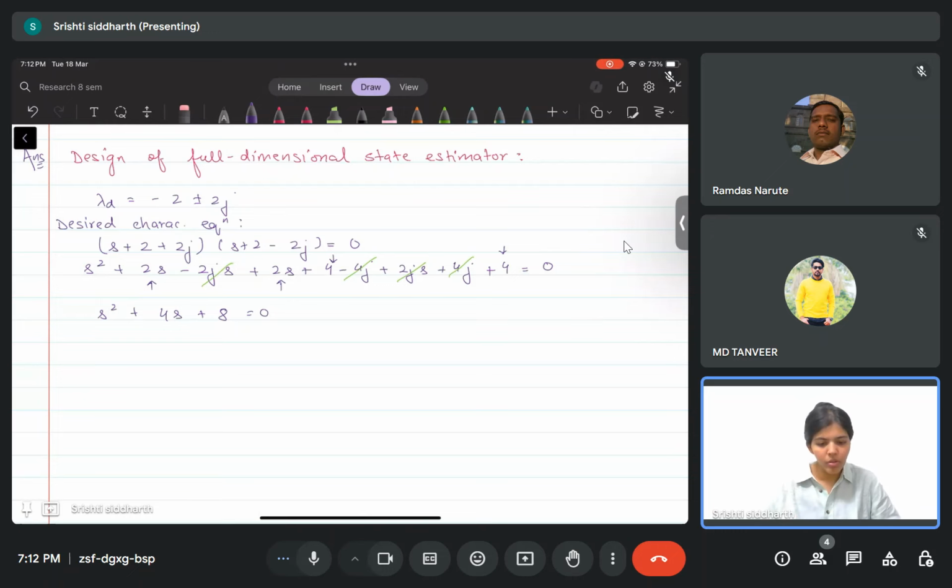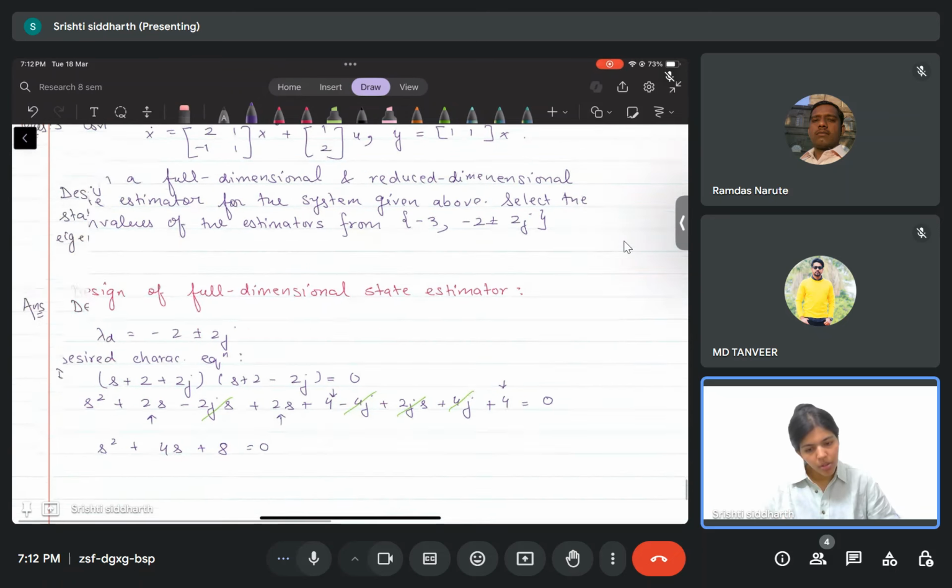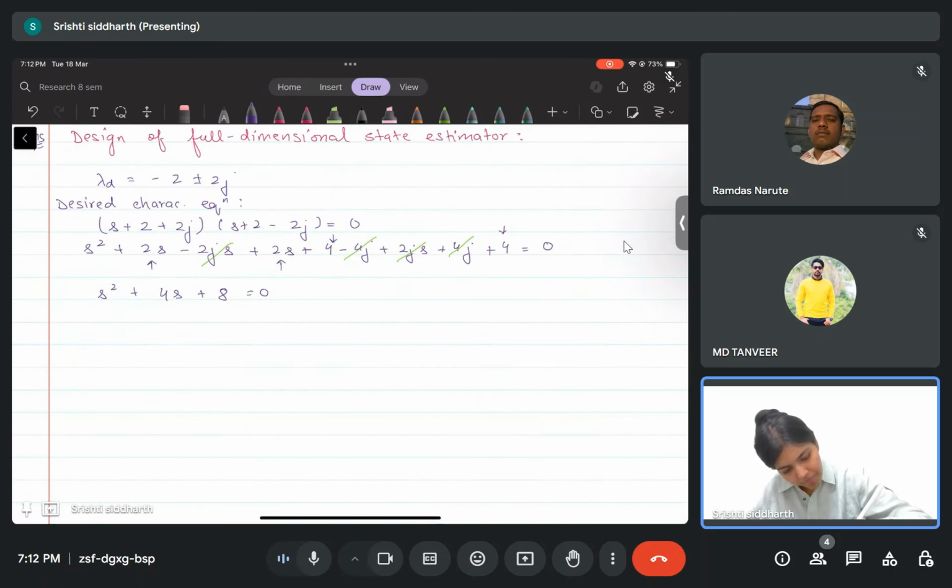Alright, so to place the eigenvalues at these locations, we first have to check whether the pair is observable or not. This is going to be easy. We have a second order system.